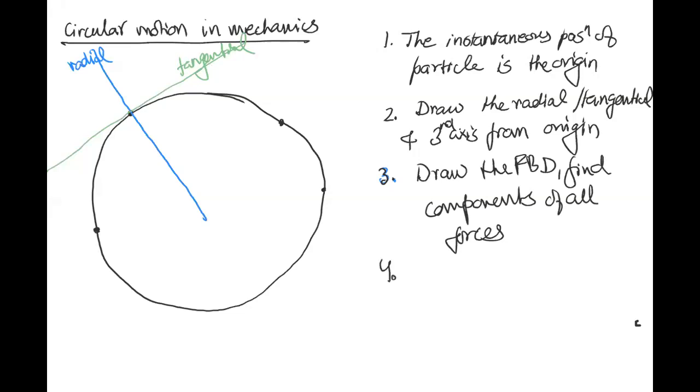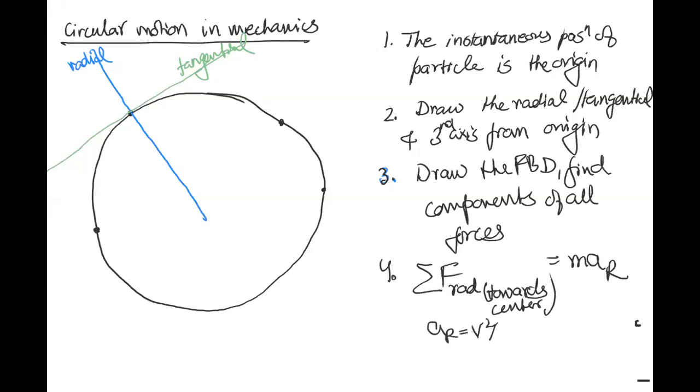Fourth step, summation F radial, and this is always towards the center, will be equal to M into A radial, but we know that A radial is equal to V square by R or omega square R.